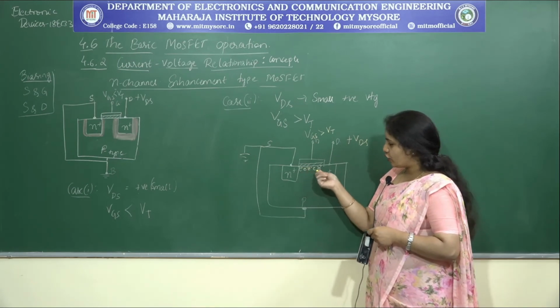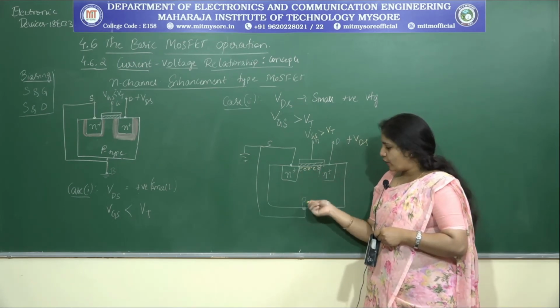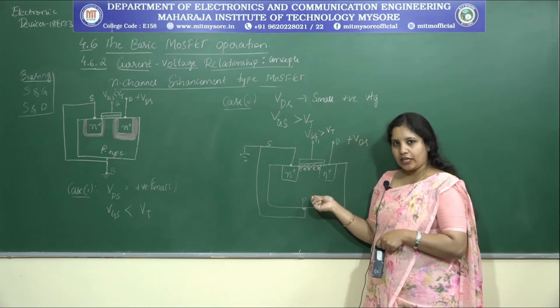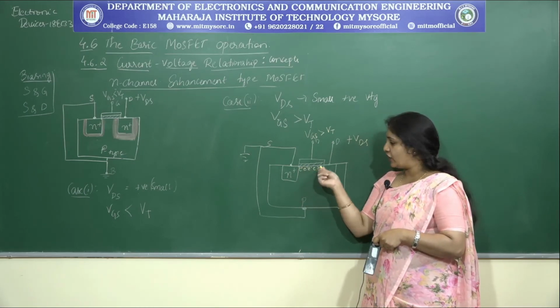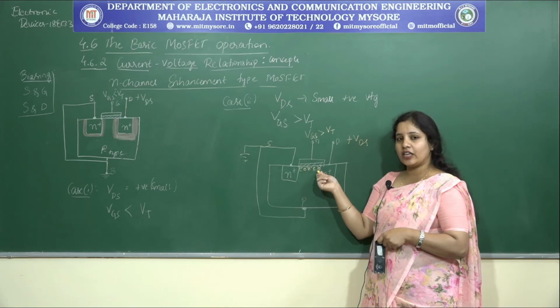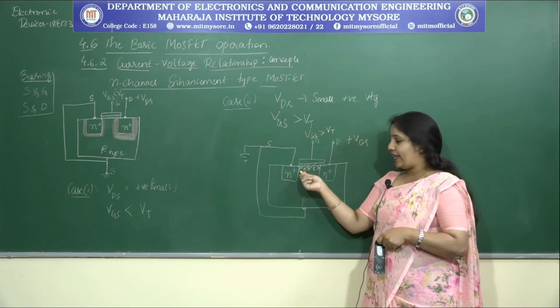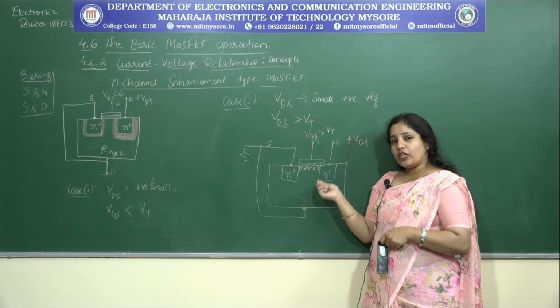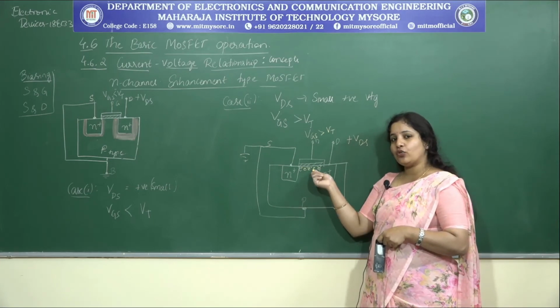Now, one key point that you have to understand here is, when there is an accumulation of the electrons, the kind of substrate that I have is a P-type material, but the region that is created beneath the silicon dioxide is of electrons. Therefore, within the p-type, what am I trying to do? I am creating an n-type layer.